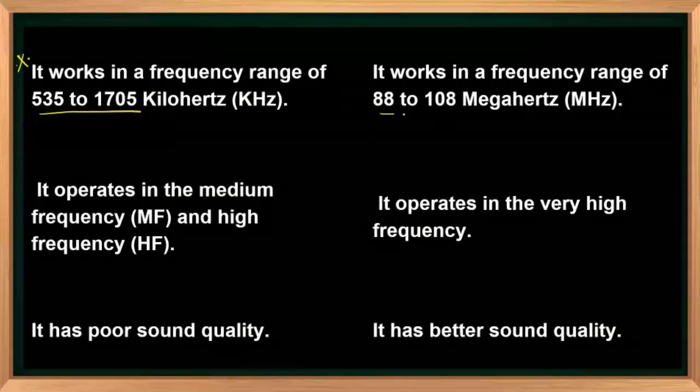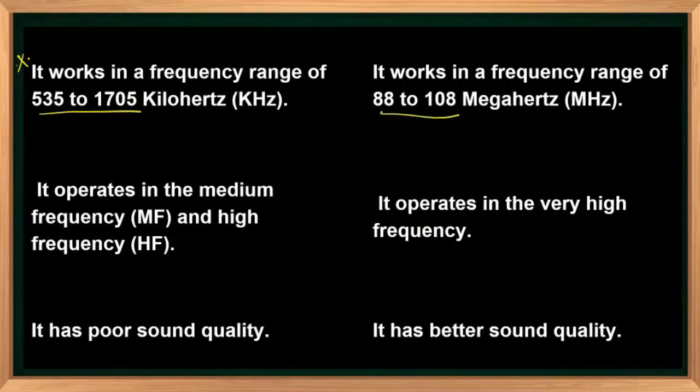And FM broadcast is in the frequency range from 88 to 108 megahertz. So this is the frequency range of FM broadcast. Compare these two frequency ranges. You should remember them because they were asked previously in your exam.